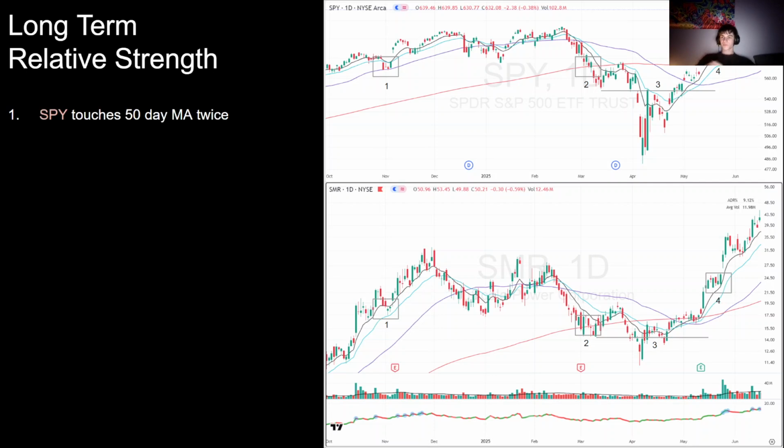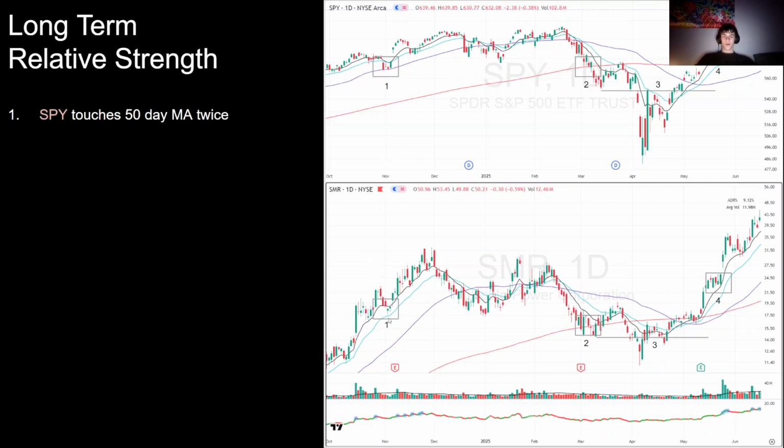For number one, in this area here, SPY touches its 50-day moving average twice. It gaps down and pushes down aggressively, then we try to pull up, touch it again, and then move up, gap up higher, and continue the trend up. But this was a really bad time in SPY, and during this time period for SMR, we never even touched below the 21 EMA.